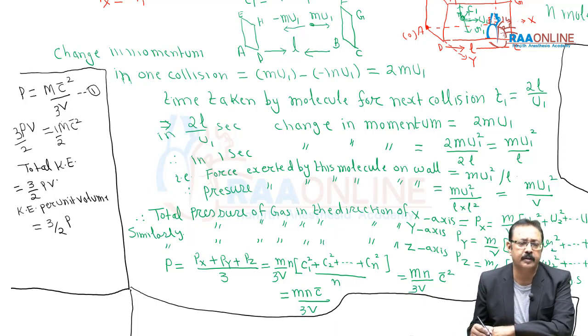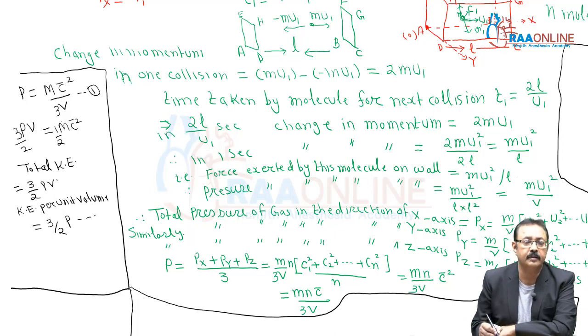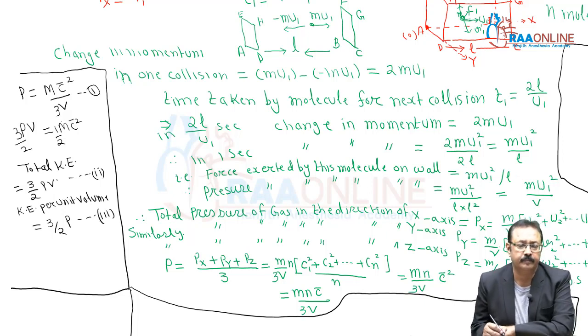One more important result: PV we can put as mu RT. So again I am moving from here. PV is equal to, it is one important result, second important result, third important result, fourth one: PV is equal to mn c bar square by 3.